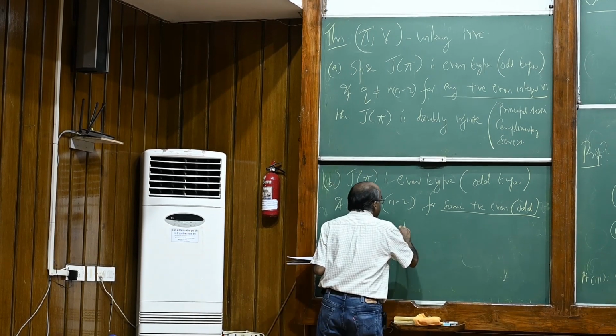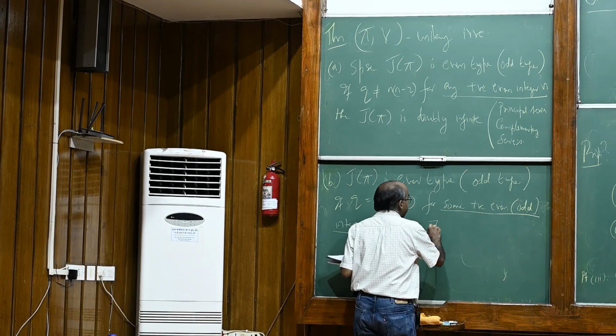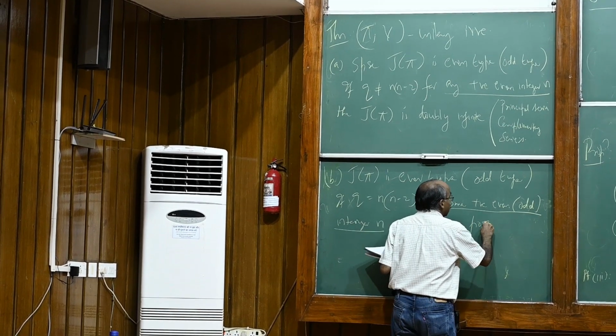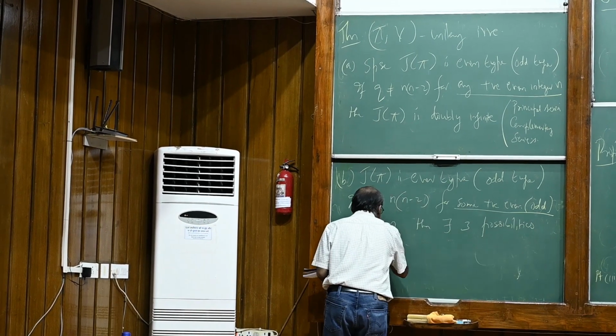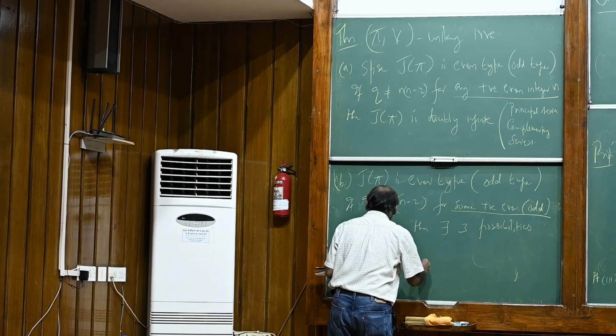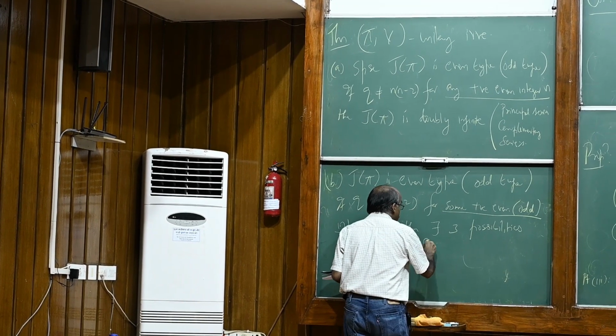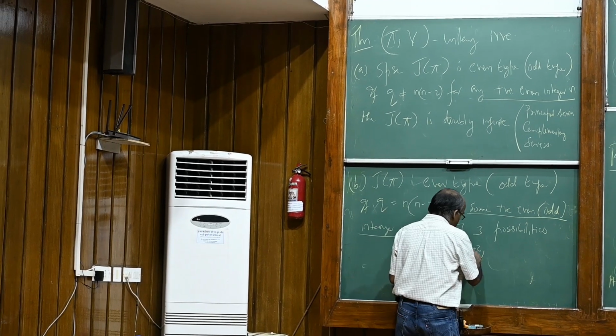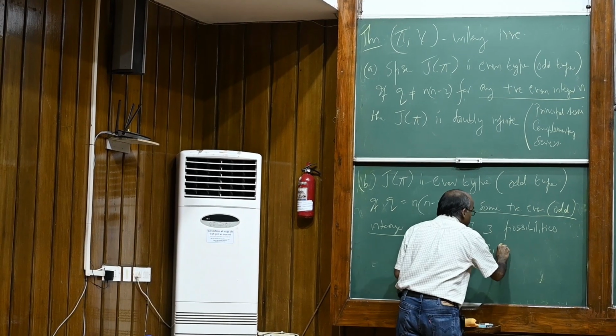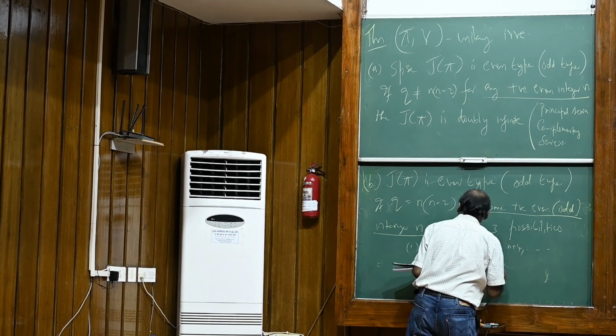Then there are three possibilities. One, J pi goes from n plus 2, and remember n is positive, so n goes n plus 2, n plus 4, and so on.